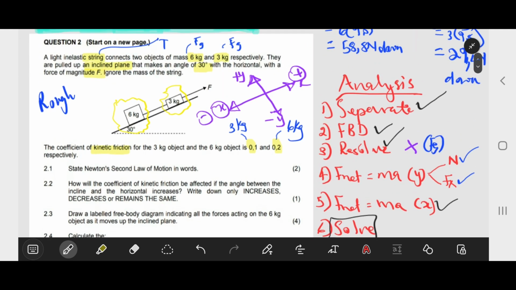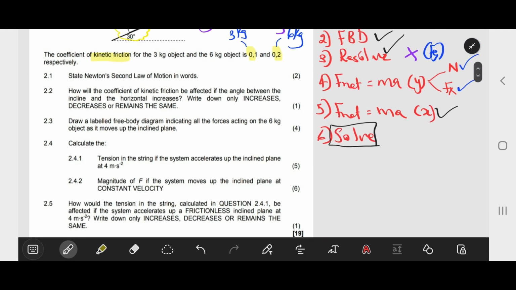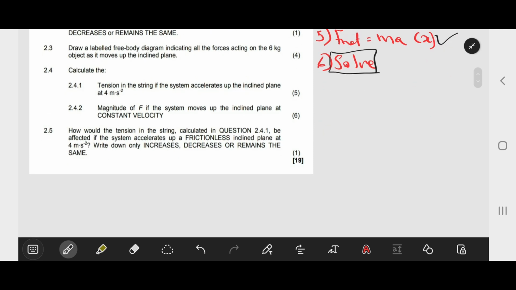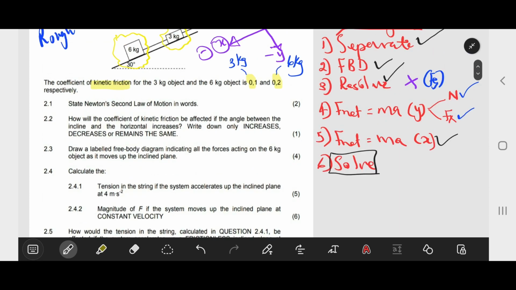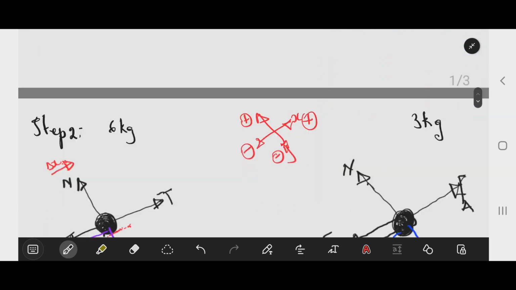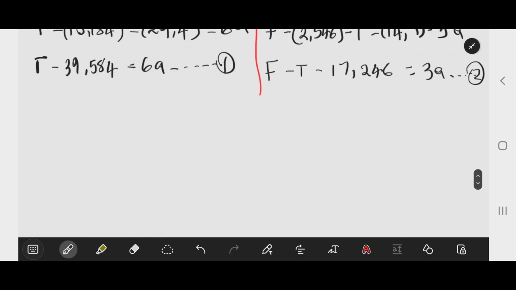So with the question, we have 2.1, which is state Newton's second law. That is a theory question. We're looking for the intermediate statements, or let's just state it as 2.1, state Newton's second law of motion in words.